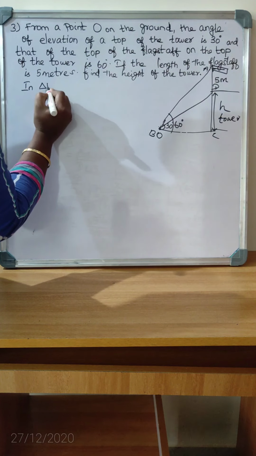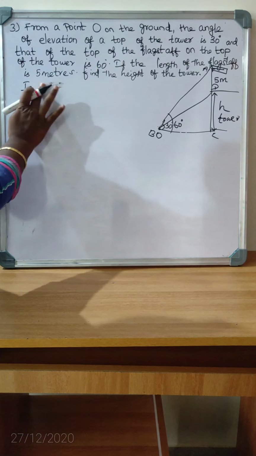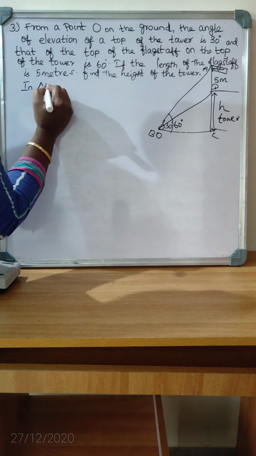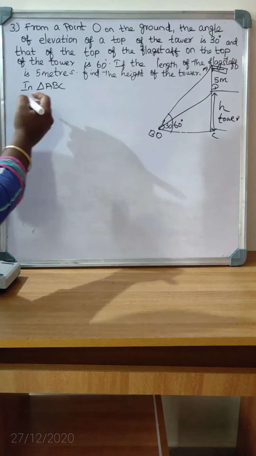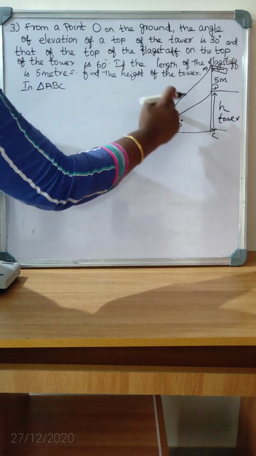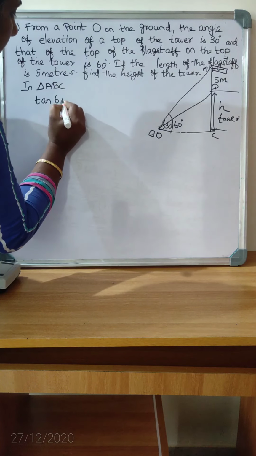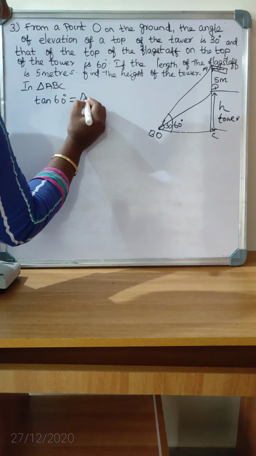In triangle ABC, tan 60 degree is nothing but AC by BC.